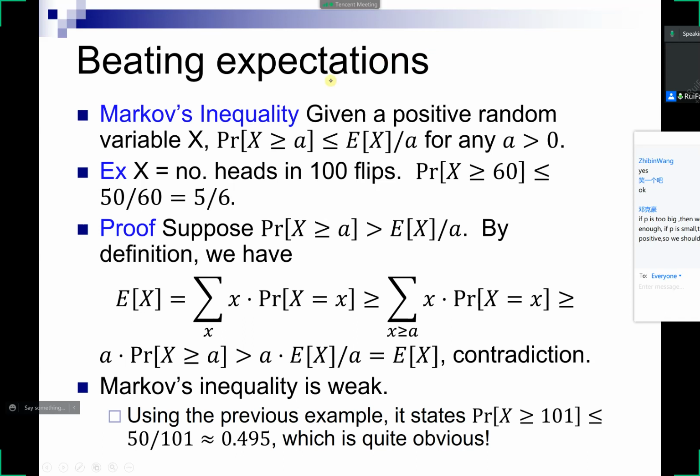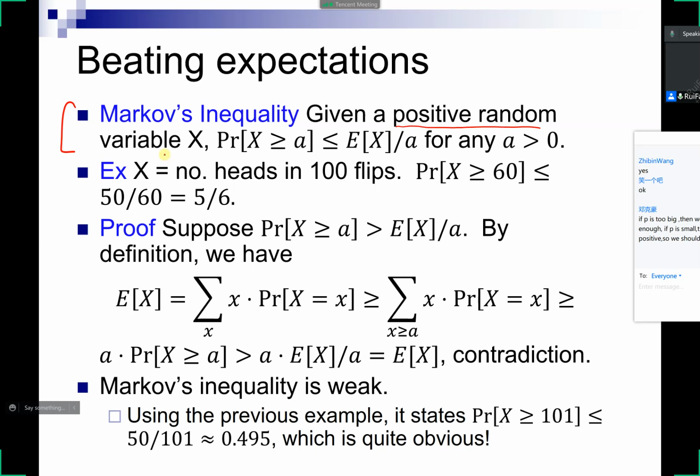The first bound we're going to look at is called Markov's inequality. Sorry, I should have some animation here, but somehow they disappeared. What Markov's inequality says is that suppose you have a positive random variable, meaning that this random variable can only take positive, or at least non-negative, values.